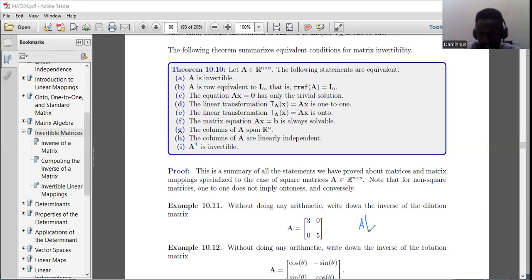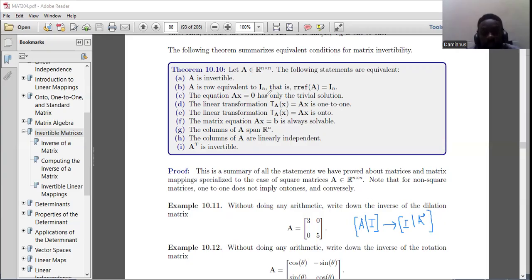This is just translating, saying that if you start with this, you can always reduce it using row operations to the identity, and then you have A inverse. So a matrix A is invertible if and only if this is true.